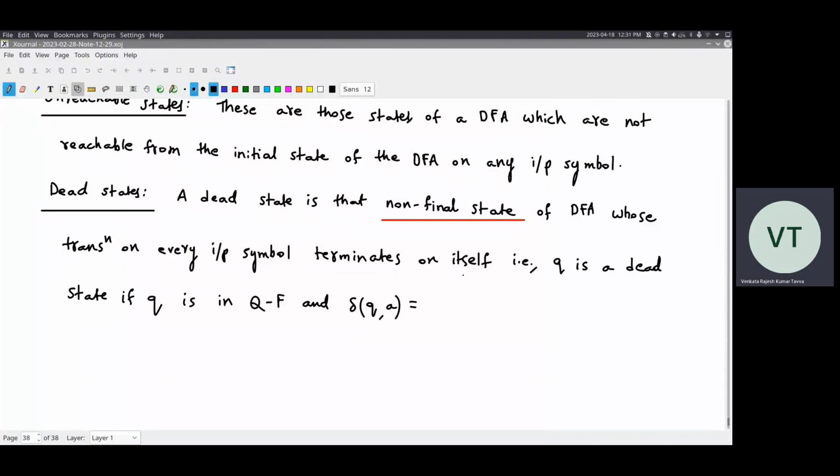It should loop onto itself. That's the only outgoing arrow it has. Or for every input symbol, every outgoing arrow will also end in itself. It does not go to any other state. That is a dead state, right? So delta of QA equal to Q for every A belonging to sigma. Okay.